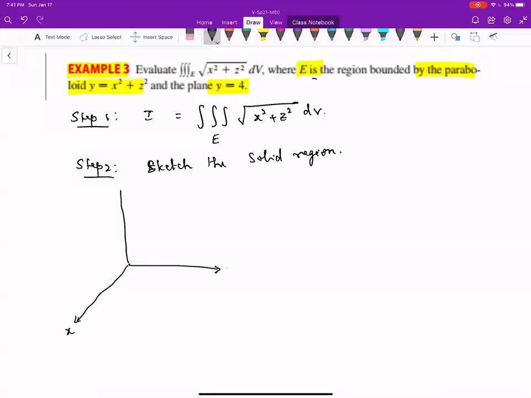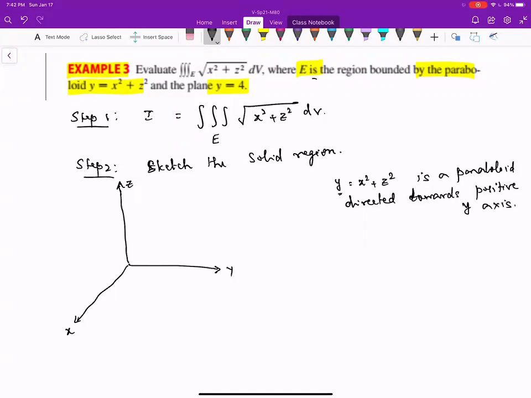That is x, y, and z. y equals x squared plus z squared is a paraboloid directed towards the y-axis, right? Since y is isolated, it is directed towards the positive y-axis.